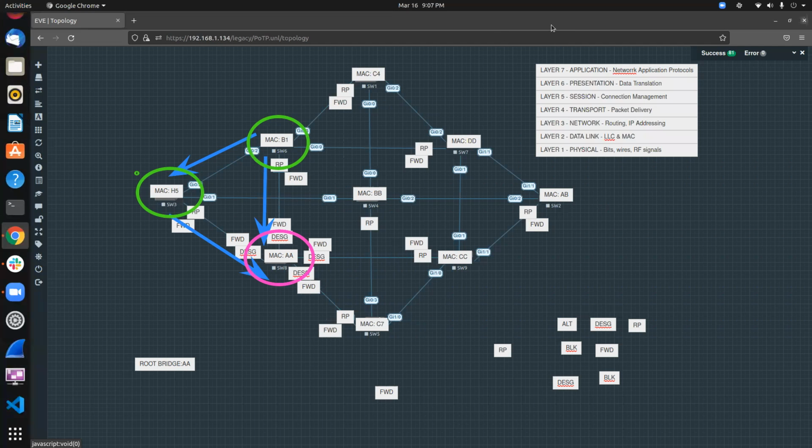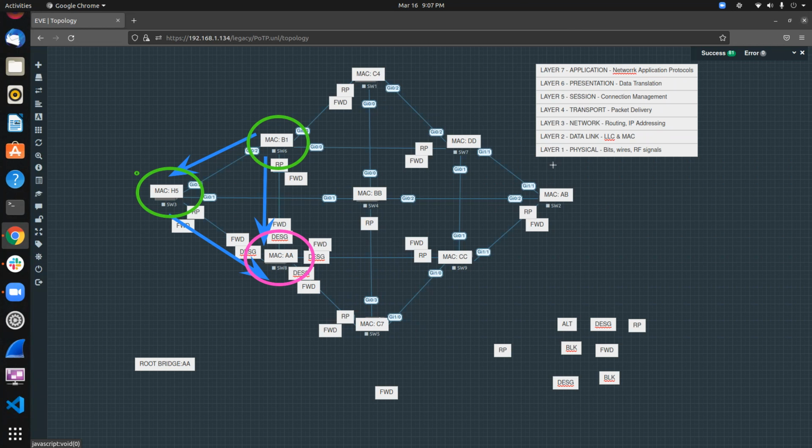All right, I understand. So being that the cost is equal from both Mac B1 and H5, we're going to go to the election of choosing the lowest bridge ID, which will be B1. Why are we going to the next tiebreaker?